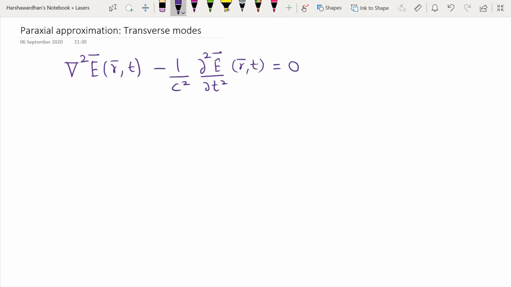Now you see, I make the first approximation, which is that I'm looking at a scalar equation. A scalar equation implies that I drop the polarization degree from the electric field.